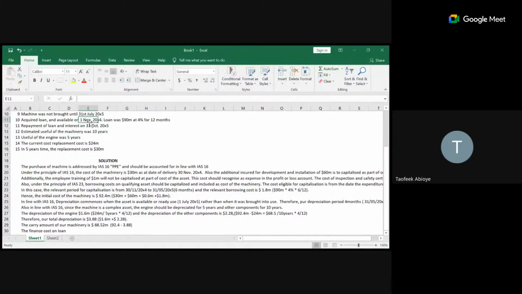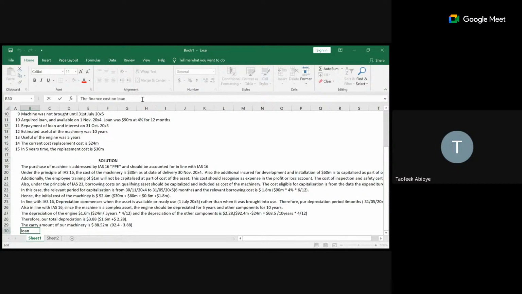So the interest cost we are going to pay in our financial statement is for how many months? Is it 12 months or less than 12 months? From November, December, January, February, March, April, May, June, July, August, September, October. So our finance cost on loan is actually 11 months, not up to 12 months.